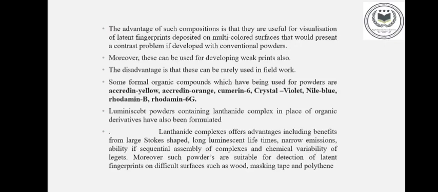Lanthanide complexes offer advantages including large Stokes shifts, long luminescent lifetimes, narrow emissions, ability of sequential assembly of complexes, and chemical variability of ligands. Moreover, such powders are suitable for detection of latent fingerprints on difficult surfaces such as wood, masking tape, and polythene.